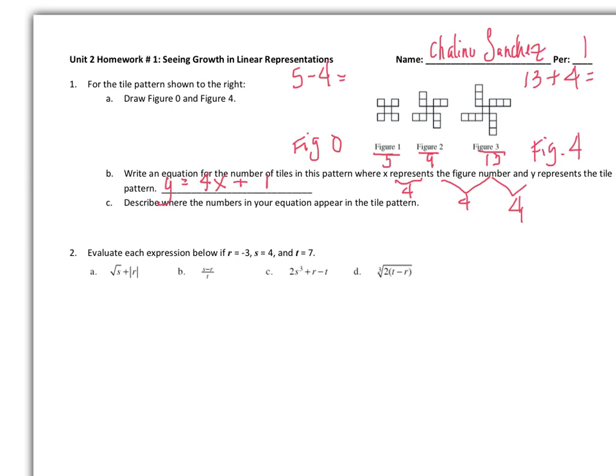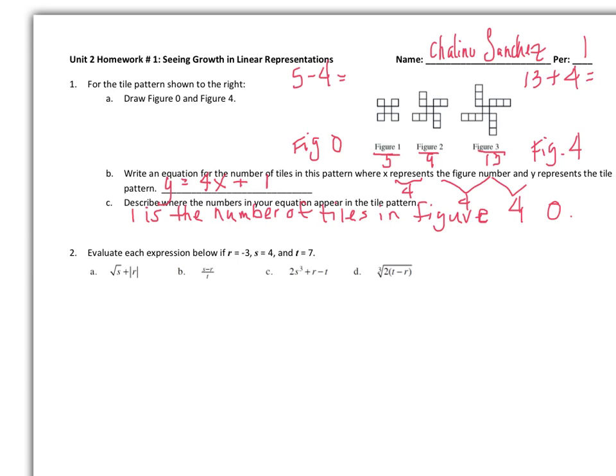So, to describe where the numbers come from in our equation, 1 is the number of tiles in figure 0.